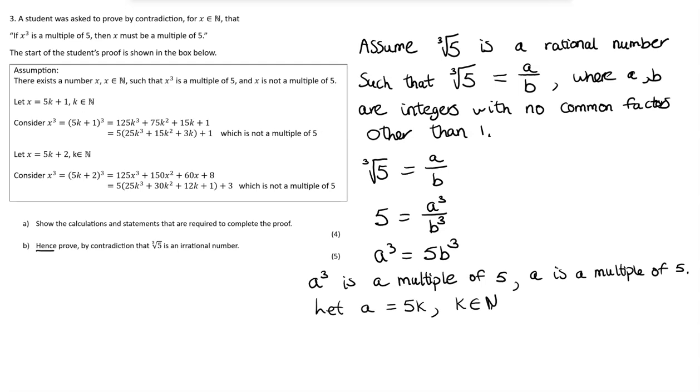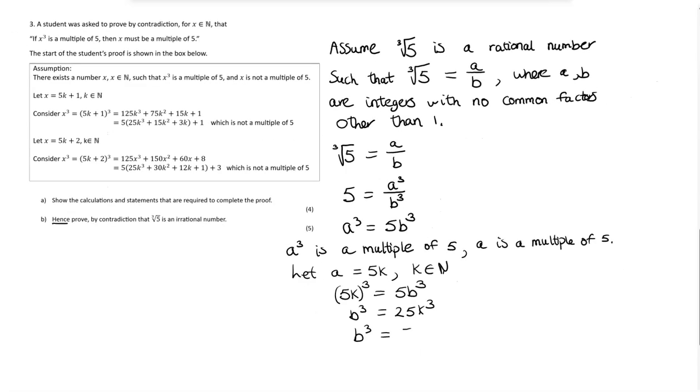Going back to the a cubed equals 5b cubed line, we replace a with 5k. 5k in brackets cubed is 125k cubed, and we can divide by 5 to show that b cubed equals 25k cubed.